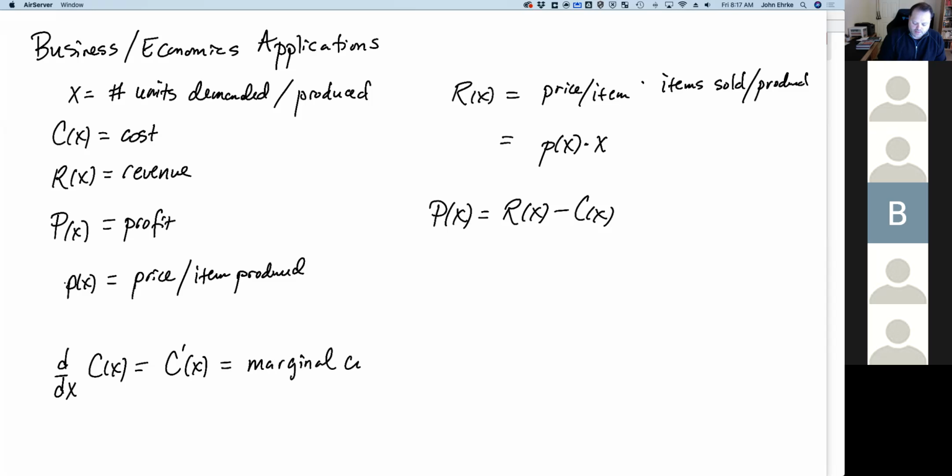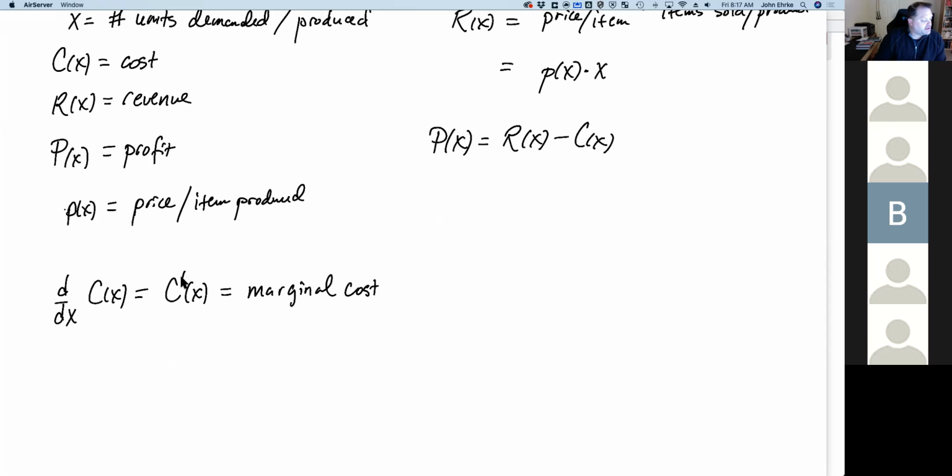And what I want to make sure that you understand here is this quantity rate of change doesn't depend on time. All the other derivatives that we've done up until right now have been derivatives based on time. How does a quantity change over time? This is a quantity that's changing as a result of the number of units that are being produced or demanded. So the quantity cost depends on something other than time.